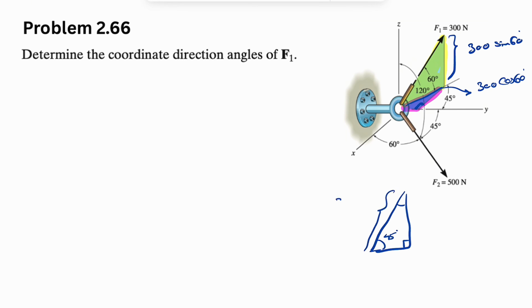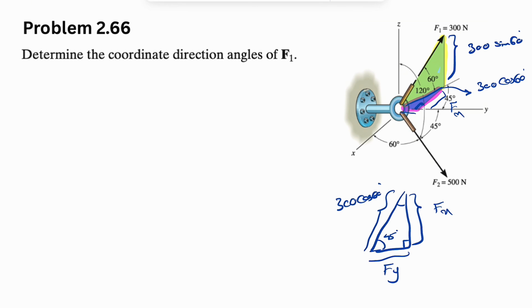We figured that this side is 300 cosine of 60 degrees, and this side over here is the x component, we can call it Fx, and the other side, which is lying down in here, is Fy. Looking at it, we can see that Fx is on the negative side of the x, so Fx is going to be negative.